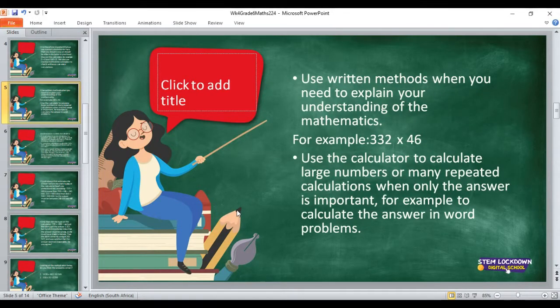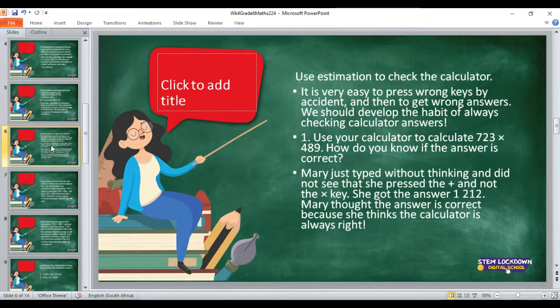All right, so what we talked about, Kamo, let me quickly recap. We talked about the use of mental calculation, using the written method, and also using estimation. The first case study is using estimation to check your calculator, to check if the answer you got from the calculator is correct.